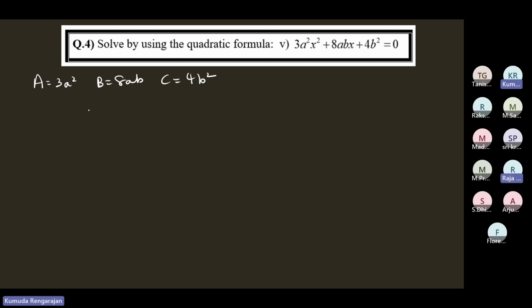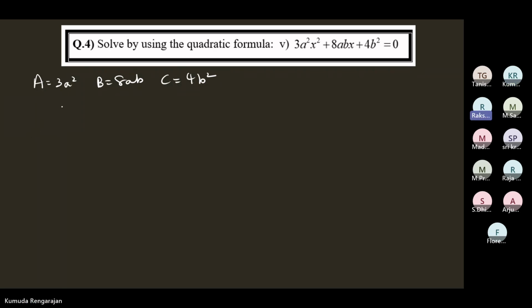Dilipan, what should you find first? Yes, Dilipan. After this, what should you do? After writing A, B, C, then? We have to substitute in the formula. Yeah, Rakshita, what next?